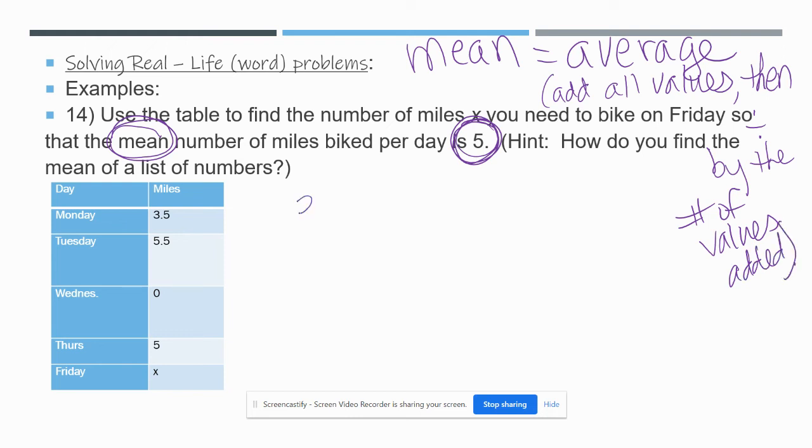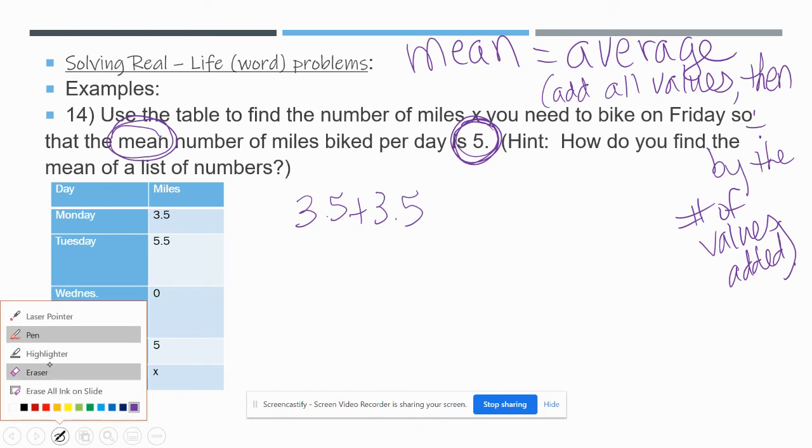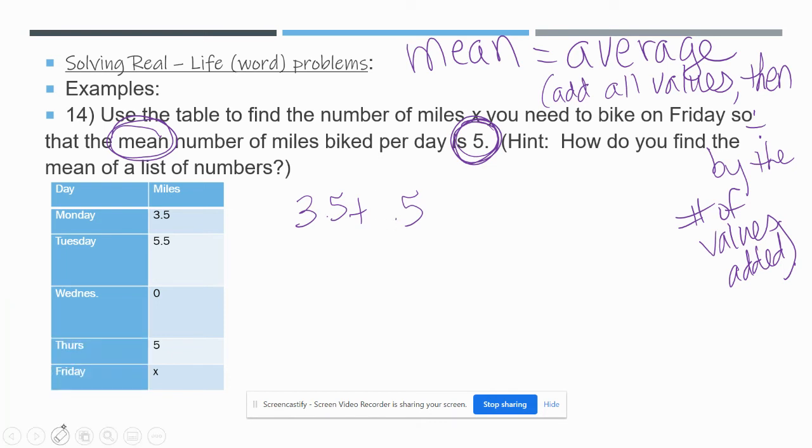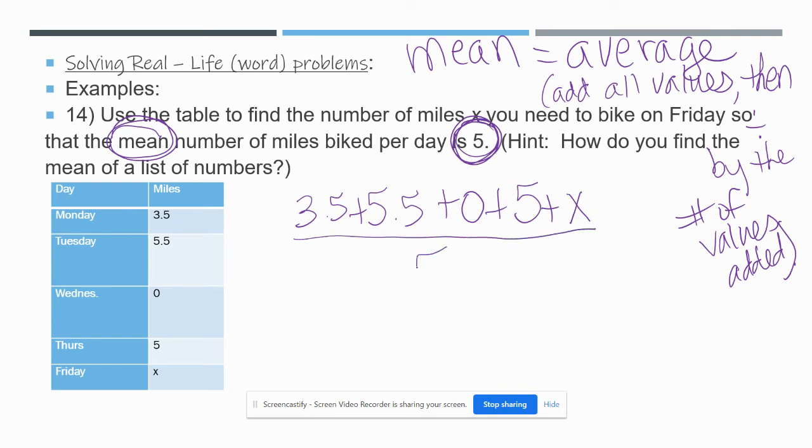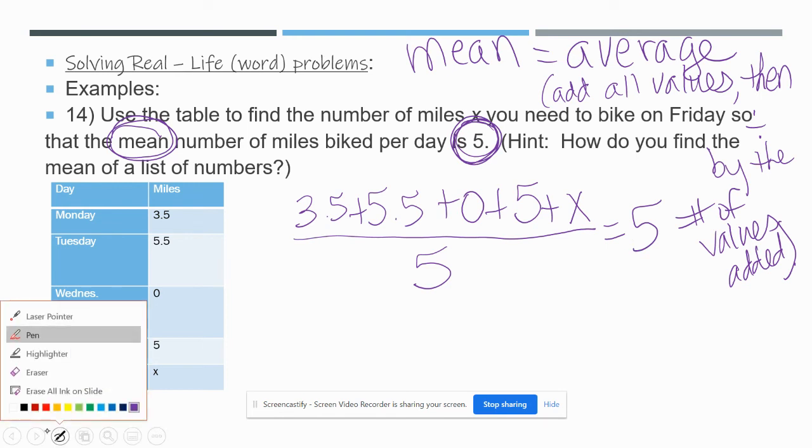So we would have Monday, Tuesday, oops, that was a 5.5, Wednesday, Thursday, and Friday. And that is 1, 2, 3, 4, 5 days. So we'd have to add those up, divide by 5, and we want to get an answer of 5.